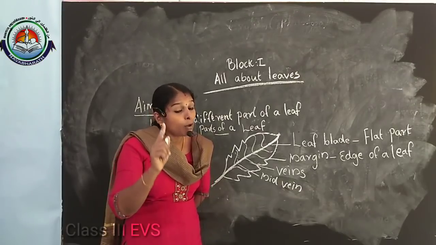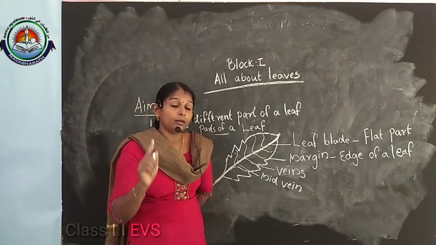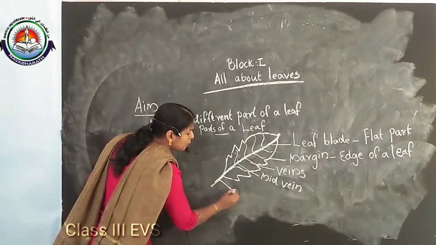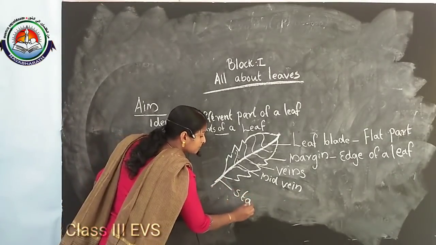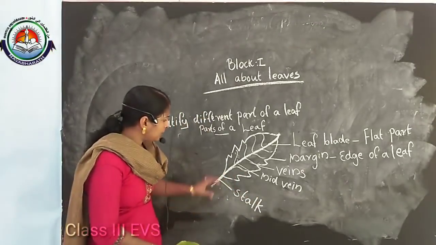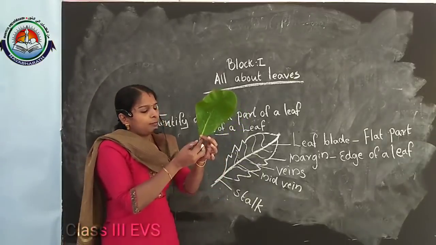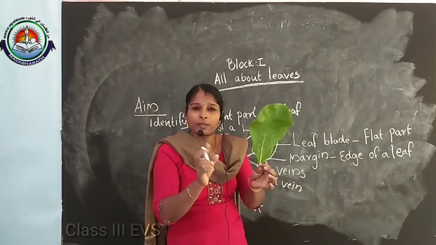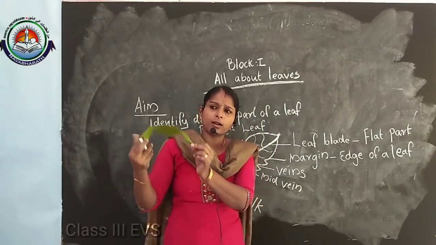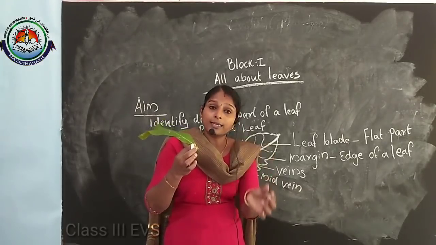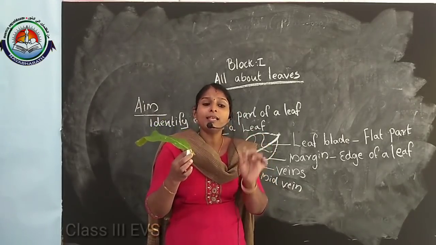Okay, then one more part we have to study about the leaf. The last part of a leaf is the stalk. The stalk is what connects the leaf to the stem. We know plants have leaves on the stem, isn't it? These leaves are connected to the stem by a stalk.